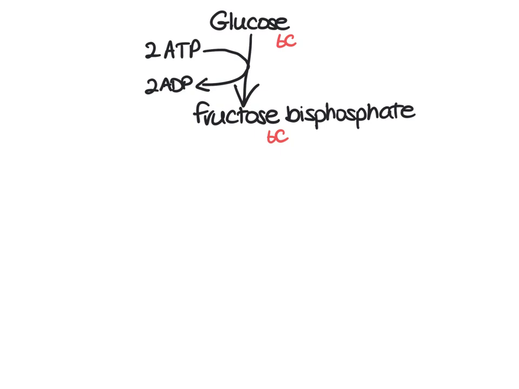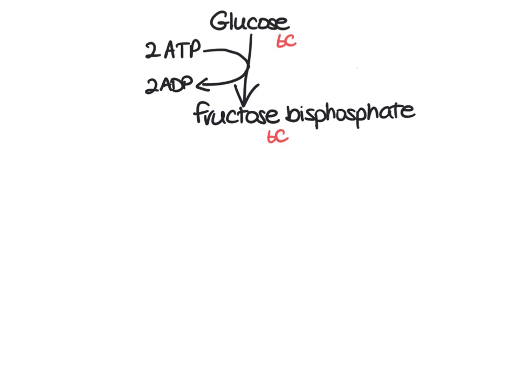So remember adenosine triphosphate, so there's your 3 phosphates. You're taking one of those off and you're having 2 molecules. So the 2 phosphates are joining with the glucose to make fructose bisphosphate. Okay? So that's the first stage.